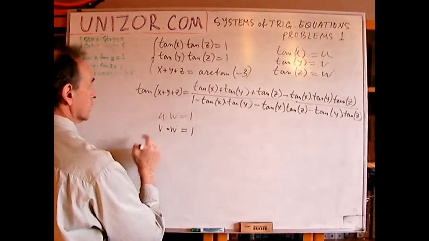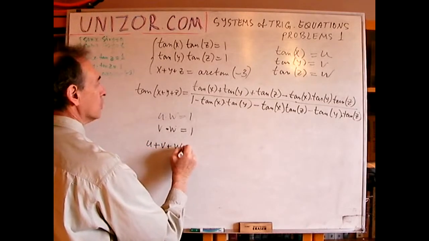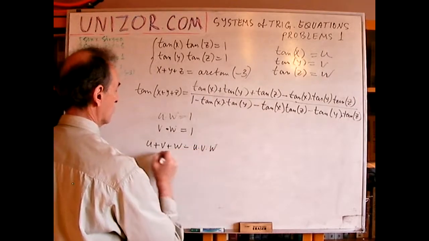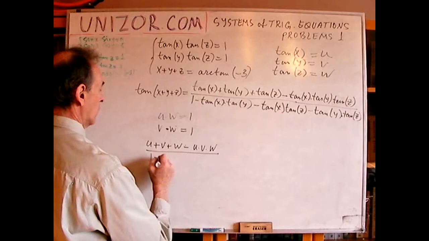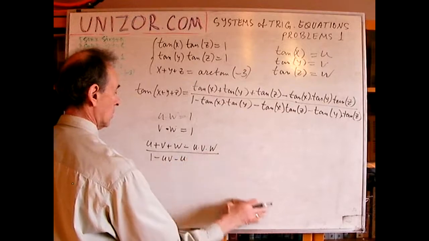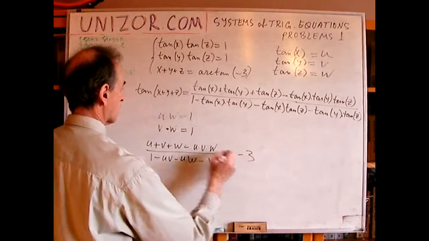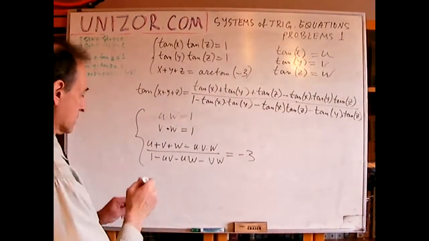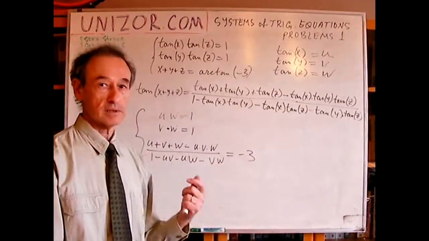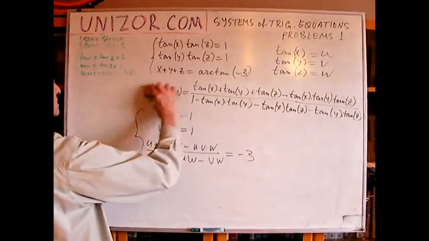So let me just put it: u plus v plus w minus uvw, divided by 1 minus uv minus uw minus vw, equals minus 3. This is the system which we can attempt to solve, but this is algebraic, it's not trigonometric, which I hope makes it simpler.